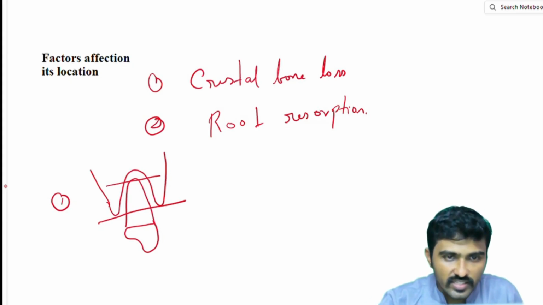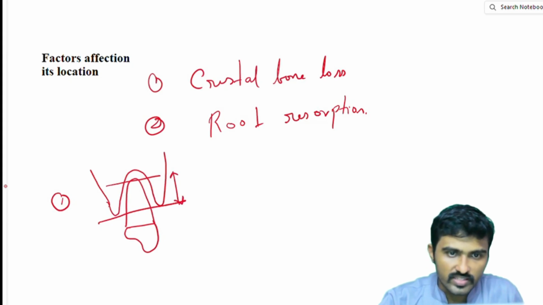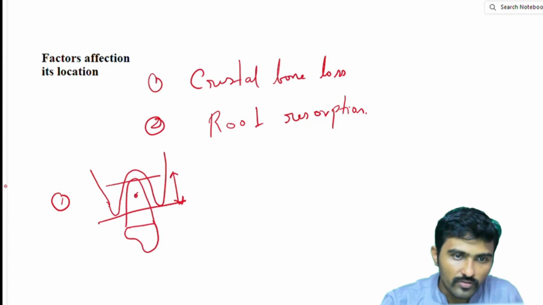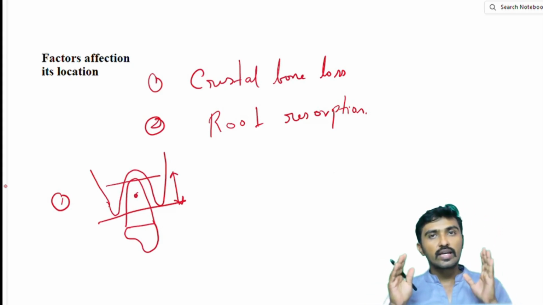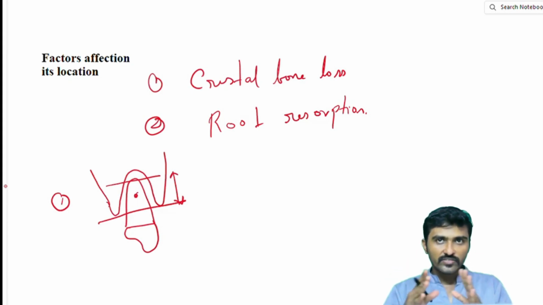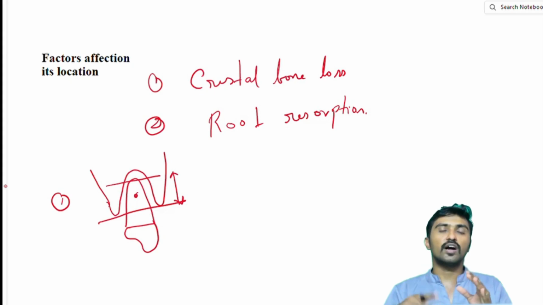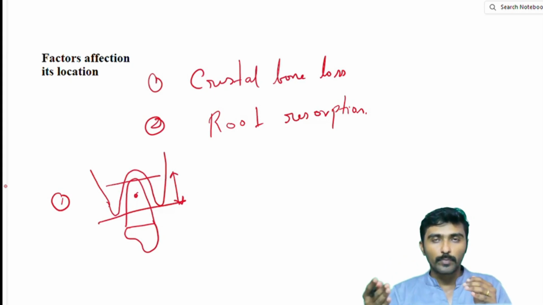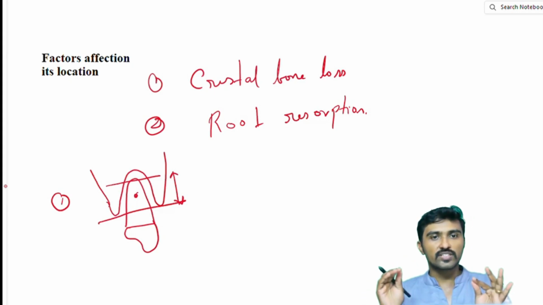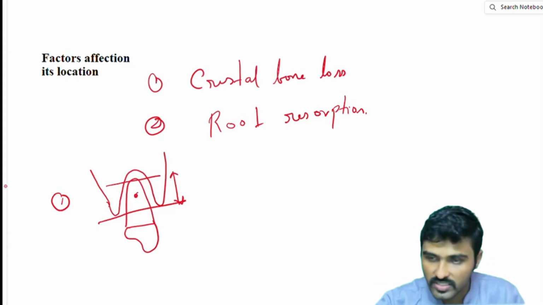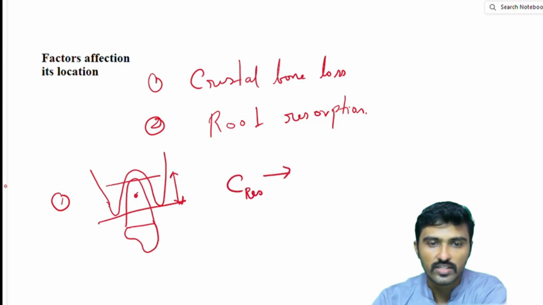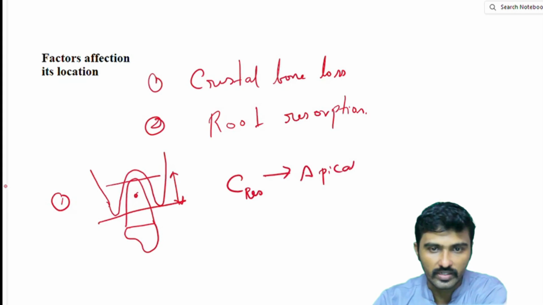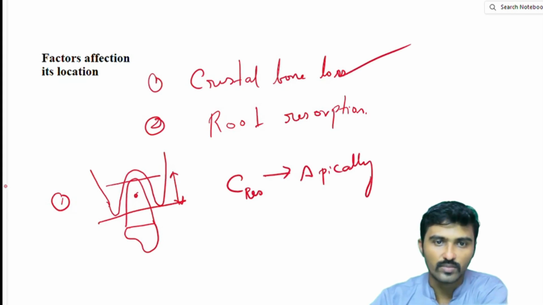So in this length, the center of resistance is between 1/3 to 1/2. Compared to a normal healthy tooth, in the tooth with crestal bone loss or active periodontal condition, the center of resistance would have shifted apically. This is an important point to remember. The center of resistance shifts apically in case of crestal bone loss.